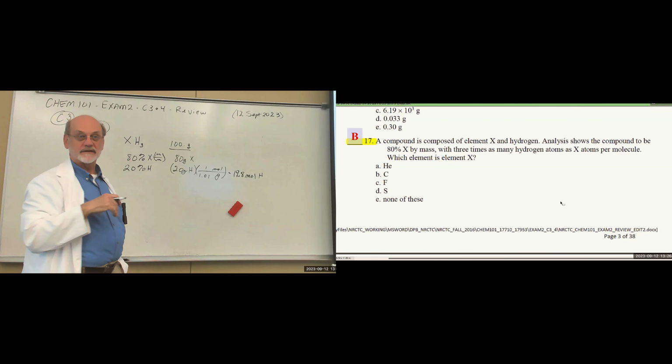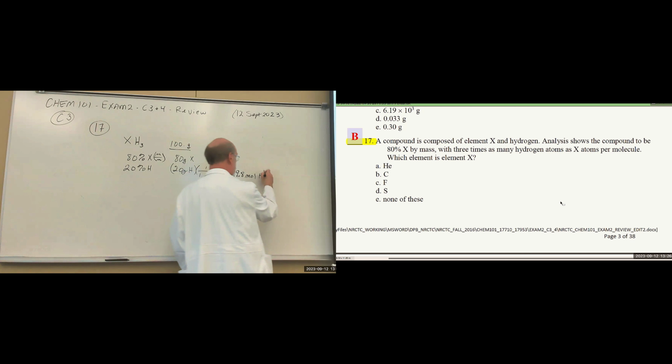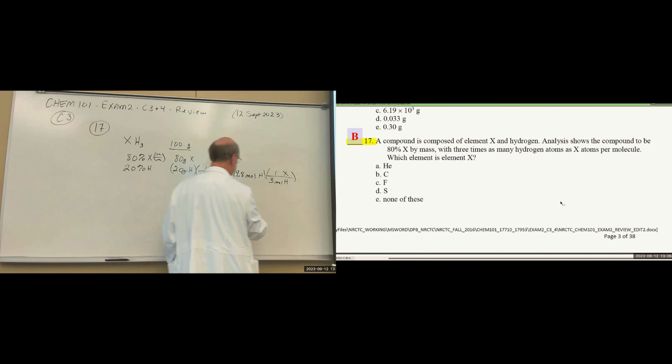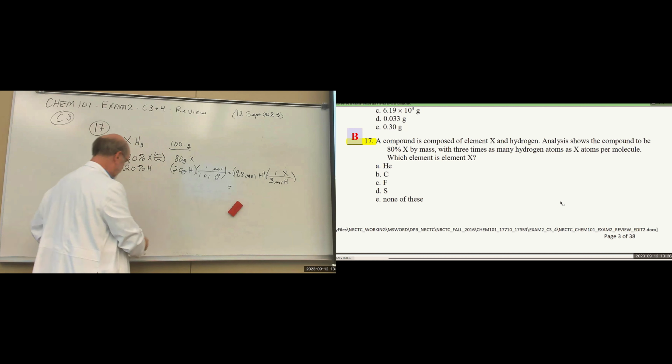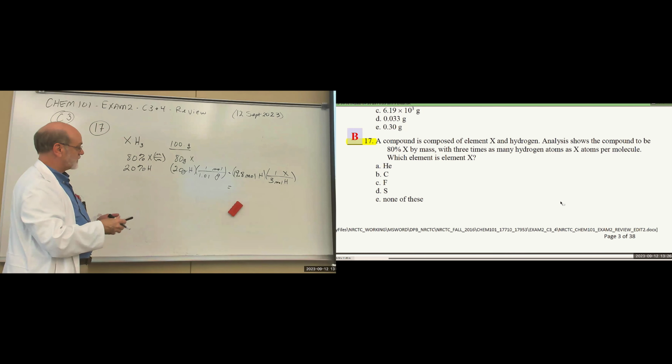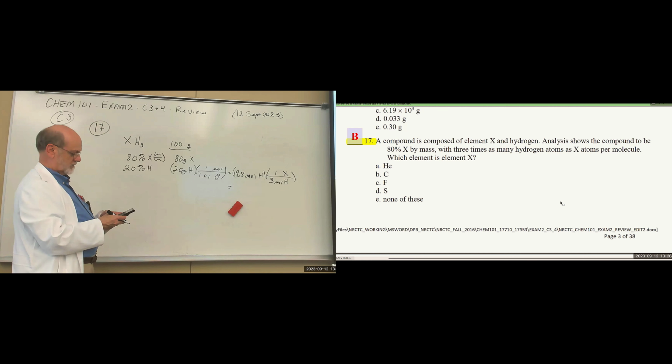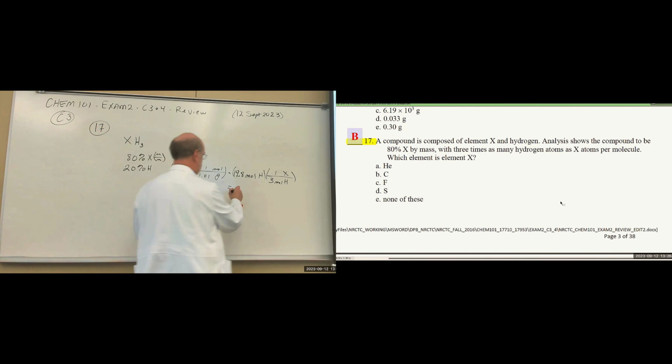The ratio is 3 to 1, isn't it? Right. This many moles of hydrogen, we have 3 moles of this for every 1 mole of that. Then we can divide 3 into 19.8 and find out how many moles of X we have. 6.6.